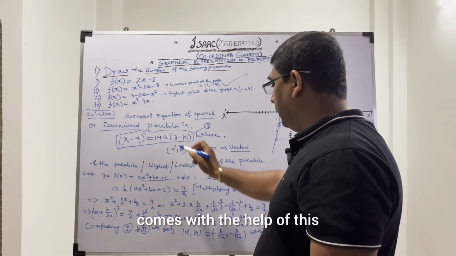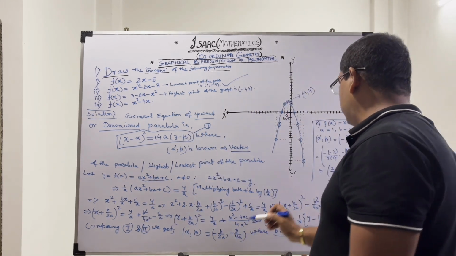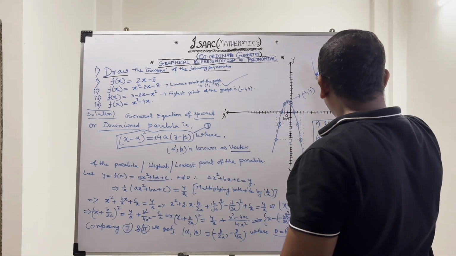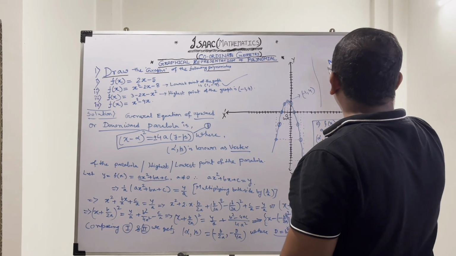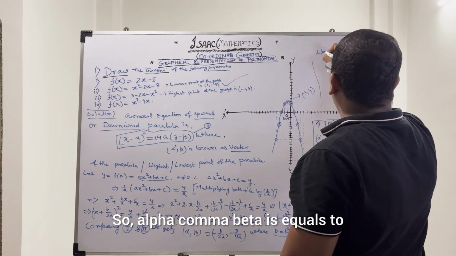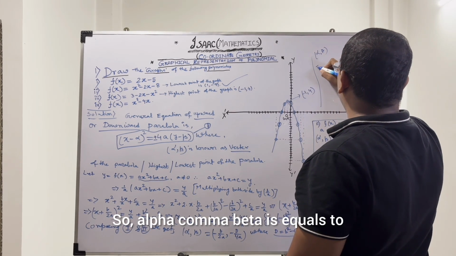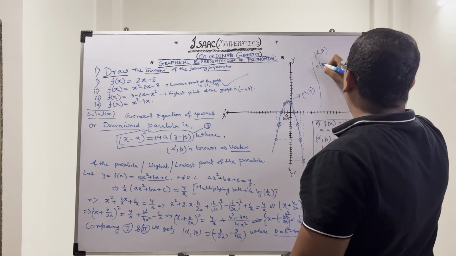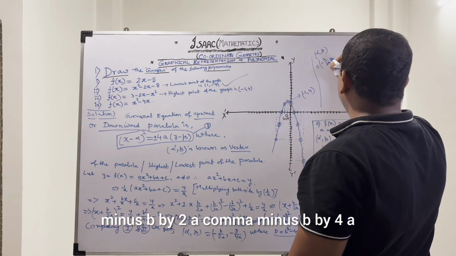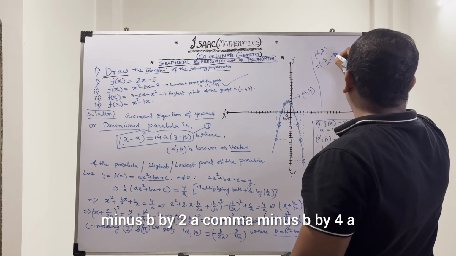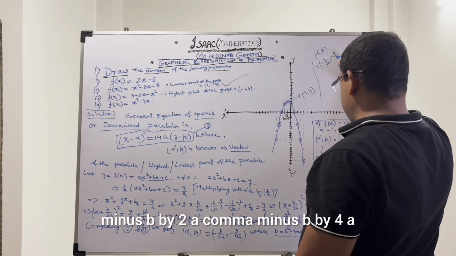Now we will check how the highest point of this parabola comes with the help of the vertex. So alpha comma beta is equal to minus b by 2a comma minus D by 4a.